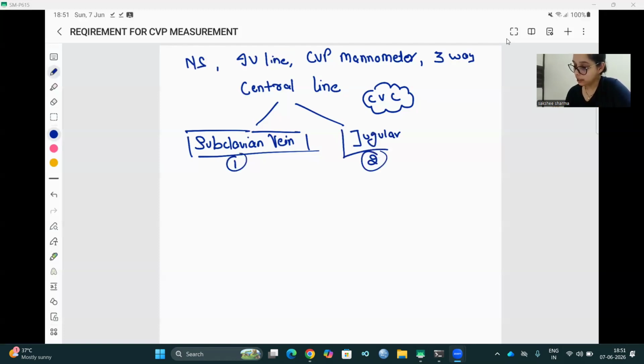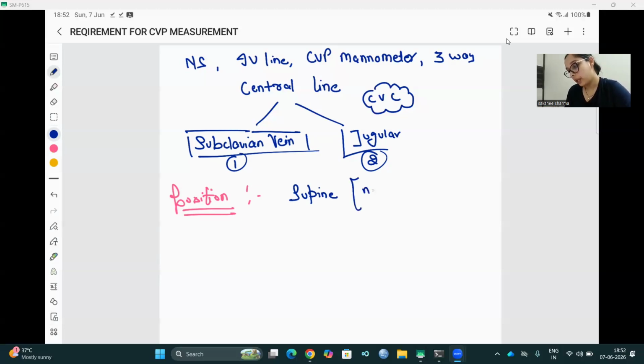Now let's see about the position. What is the right position to perform the procedure? The first position is supine position. You have to make the patient lie down in supine position and there should be no pillow.